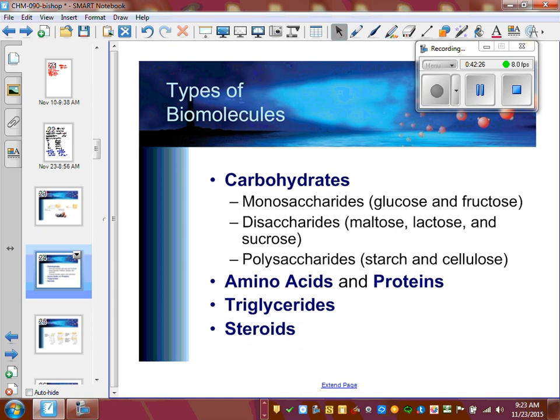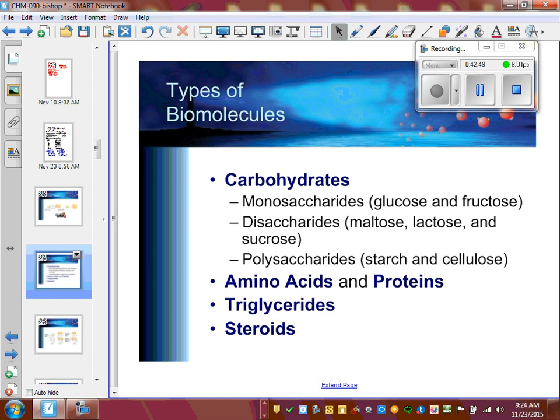Remember I talked about formic acid? Formic acid was HCOOH, a little small molecule. Stearic acid had 17 carbon atoms. Still, they're both carboxylic acids. Stearic acid is a biomolecule, a large molecule.